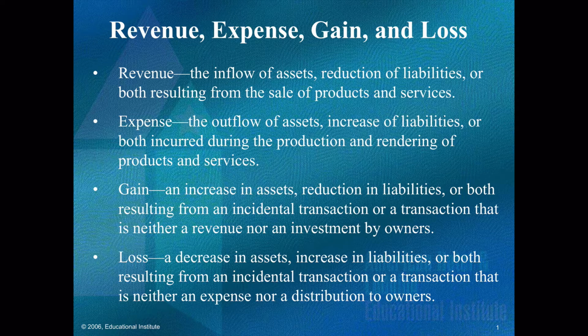That's going to be a gain. It's not revenue because we're not in the car selling business, and if we sell that same van and we lose money on it, it's going to be a loss. We want to separate gains and losses from revenues and expenses, so when we compare our financial statements year over year, we know what's coming from our core business and what's coming from those limited sales of assets, from time to time.